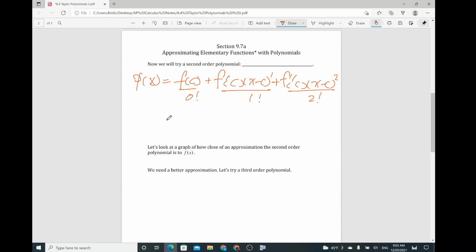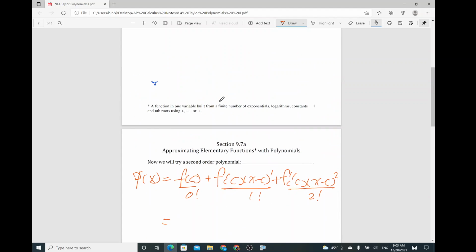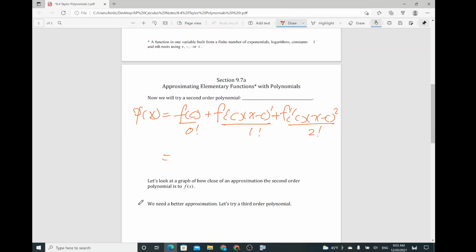Using that approximation, based on what we found from the previous one, x plus 1, and then the second derivative, f double prime of x, is also e to the power of x. The value of c is 0, so f double prime of 0 is 1. So that one is 1 again, over 2 factorial. 2 factorial is 2, so 1/2.